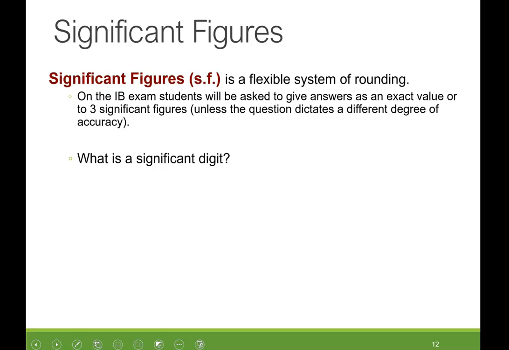The easiest type of zero that's always significant is the one sandwiched between 2 other significant digits. Then we need to worry about leading zeros and trailing zeros. Leading zeros are never significant. So 0.005 is just 1 sig fig, just the 5, because the zeros are at the front of the number.